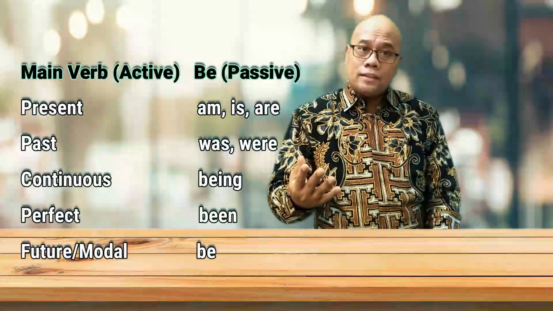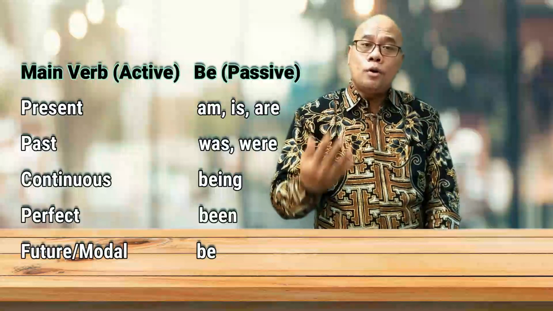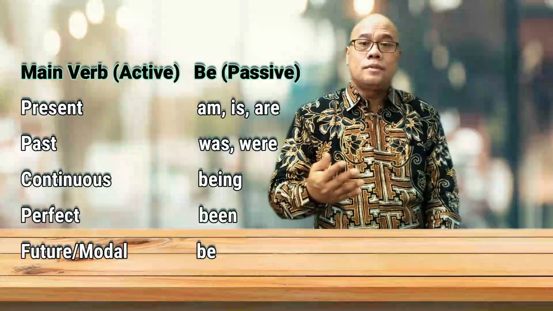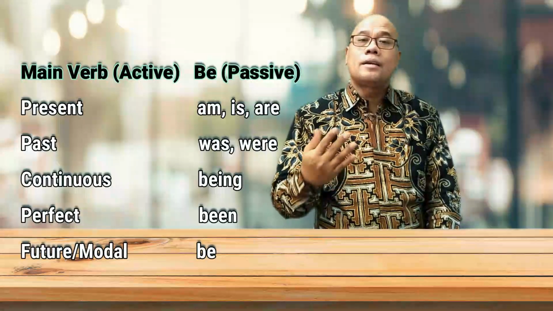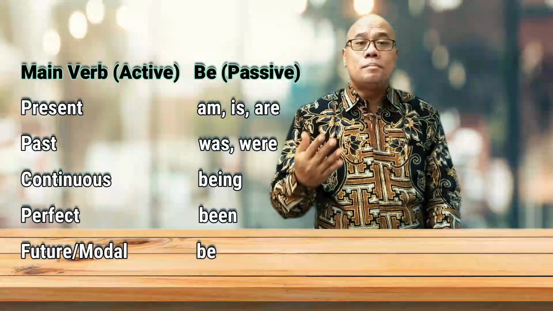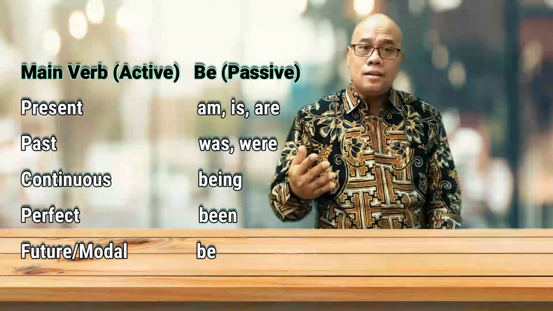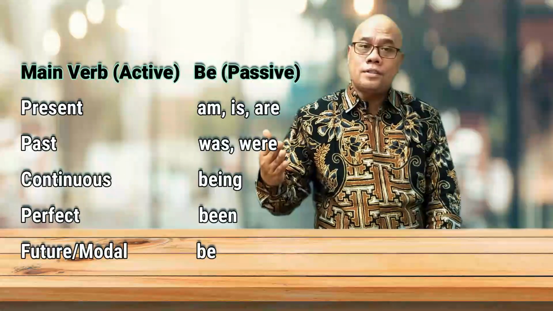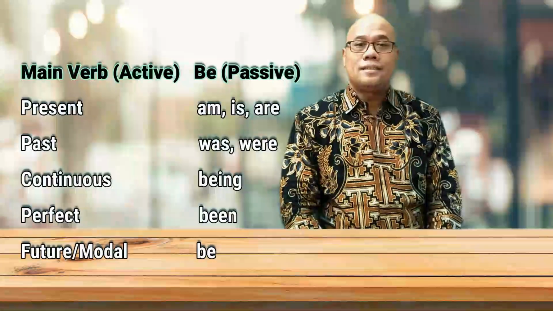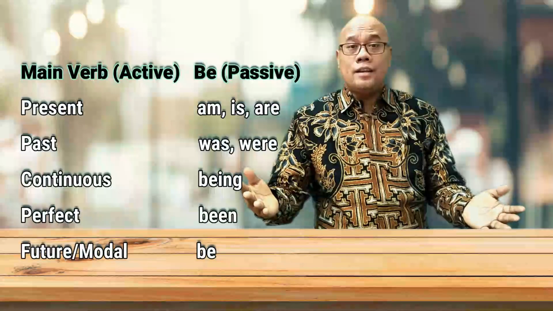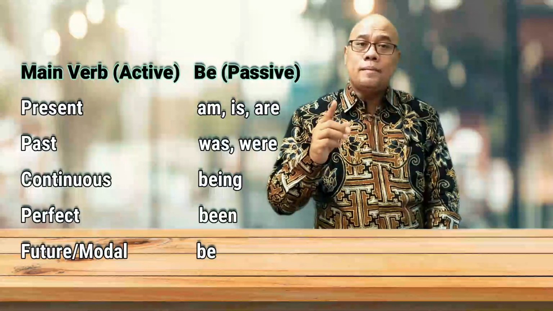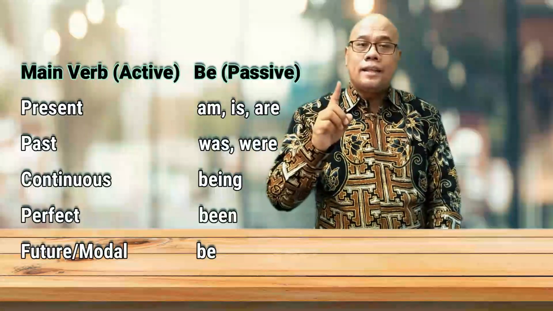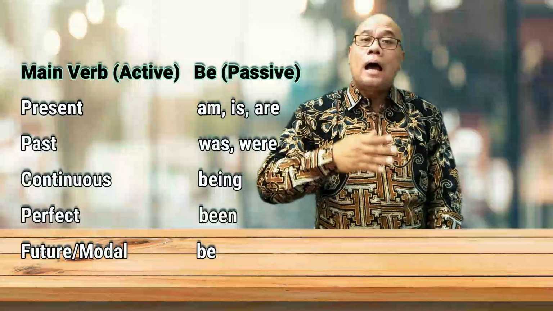If the active sentence uses a modal auxiliary like will, can, may, must, etc., the be used in passive voice is be. So that's the guideline of using the correct be in passive voice, and that's step 4.